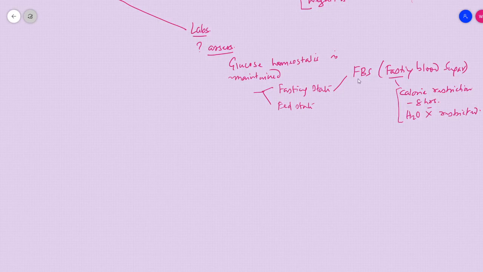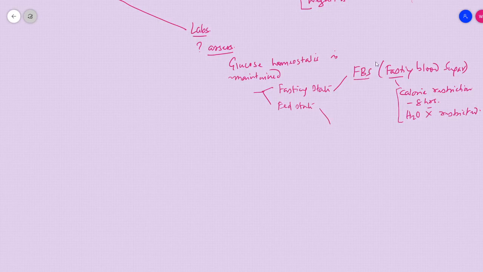Or the glucometer could be used, but the gold standard would be to determine the plasma glucose level. All right, so fasting blood glucose is done, and then what about the fed state?